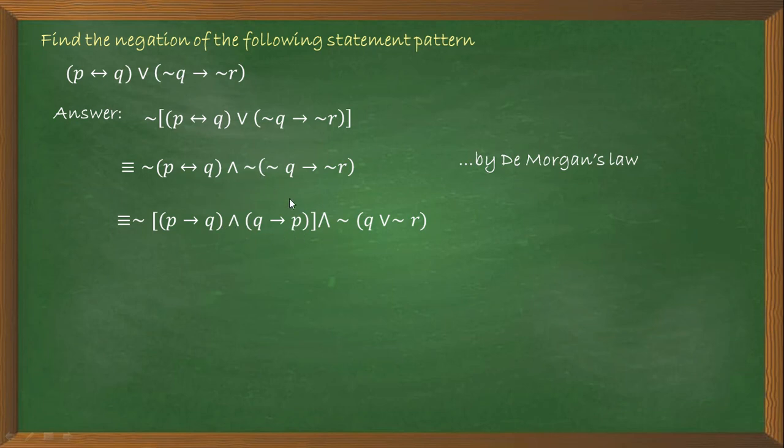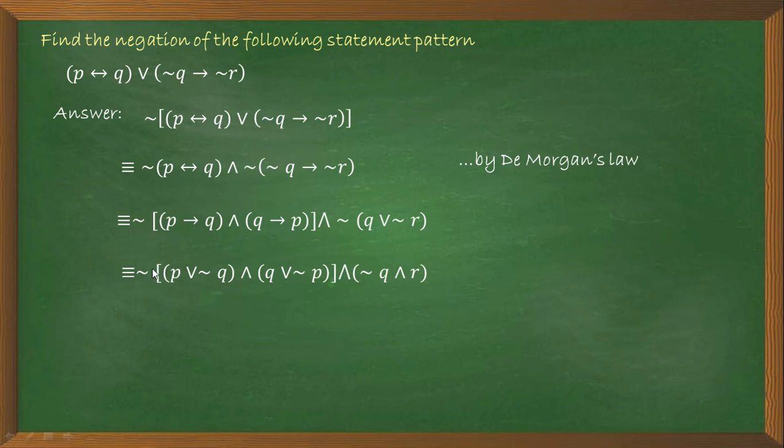Then AND, now negation is operated on negation Q implies negation R. See this bracket, but by the meaning of the implication, this can be written as Q or negation R. So negation Q implies negation R is equal to Q or negation R. Now see the next step. Here also we have applied the meaning of implication.